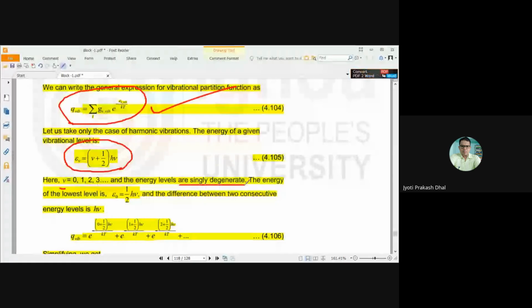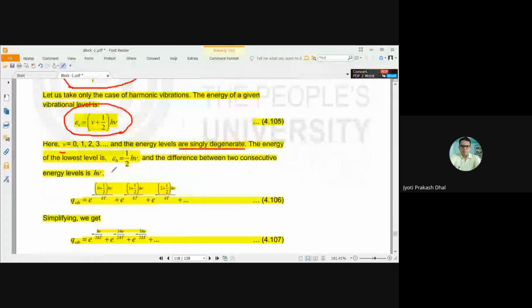The energy levels are singly degenerate, and the energy of the lowest energy level here is not zero, that is called the zero point energy. So the value is epsilon_0 equals half h nu, that we have studied from the graduation level from molecular spectroscopy.